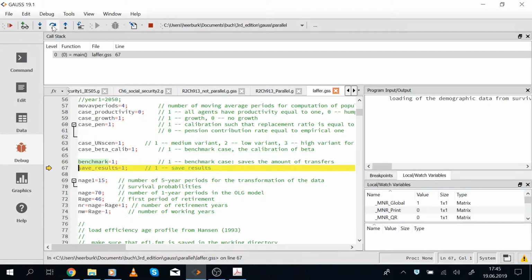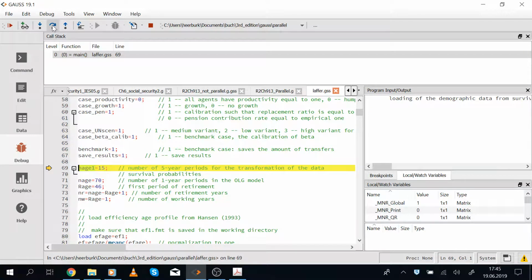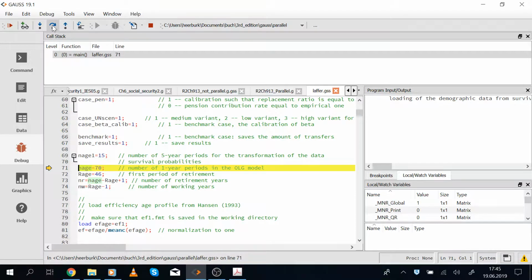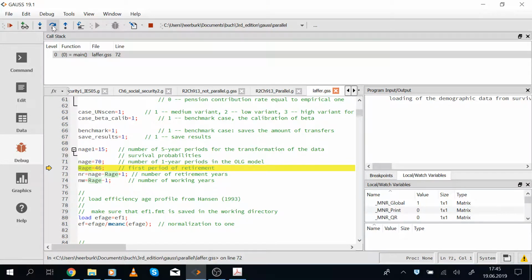We save it, and here we specify the number of 5-year periods in the survival probabilities data from the United Nations. So we have 15 periods. In our model, we want to have 70 periods starting from age 20 up to age 89, and the retirement starts in period 46, which corresponds to year 65 in real life.